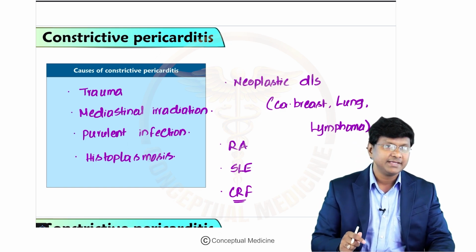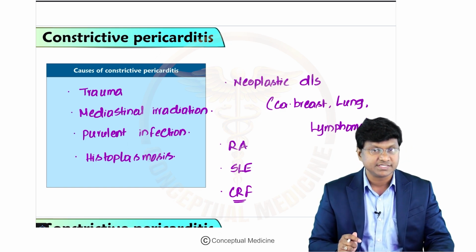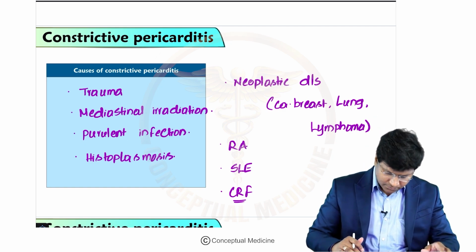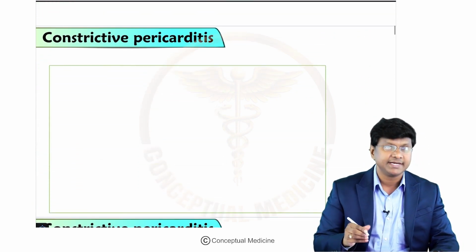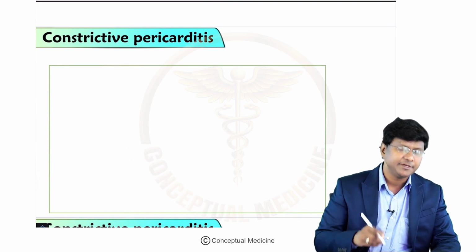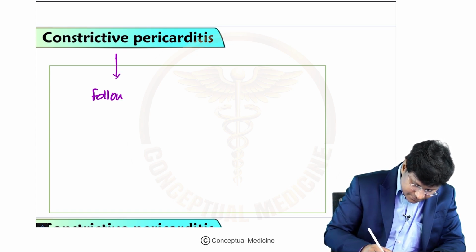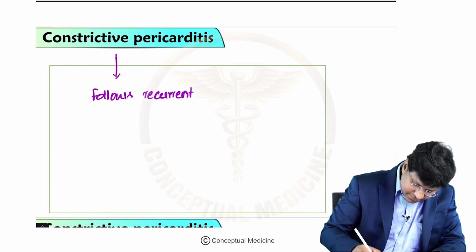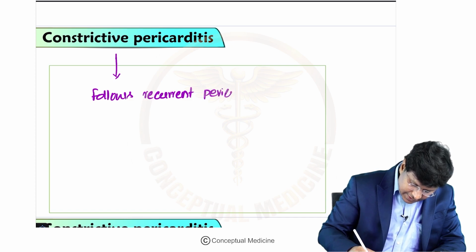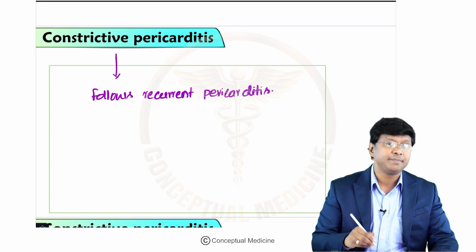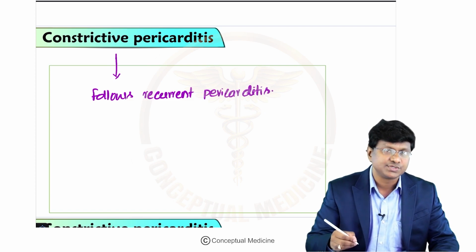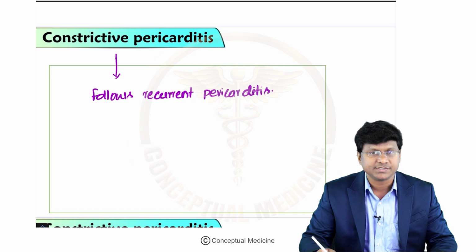Next, following the discussion of the etiologies, let me tell you, constrictive pericarditis rarely occurs following recurrent pericarditis. So recurrent pericarditis can progress to the development of constrictive pericarditis.